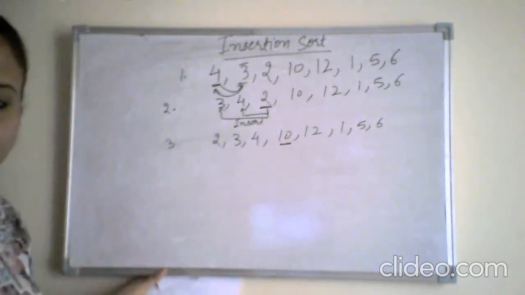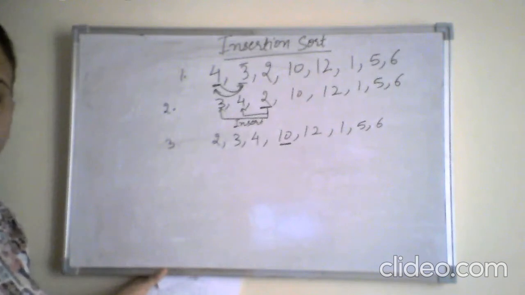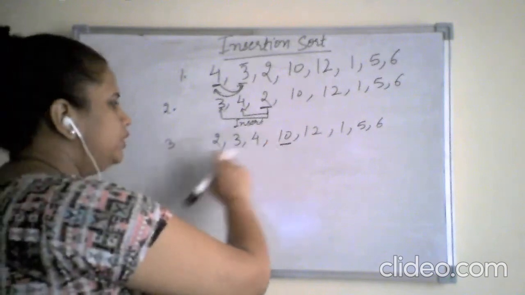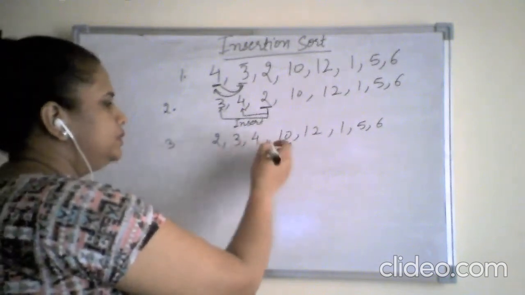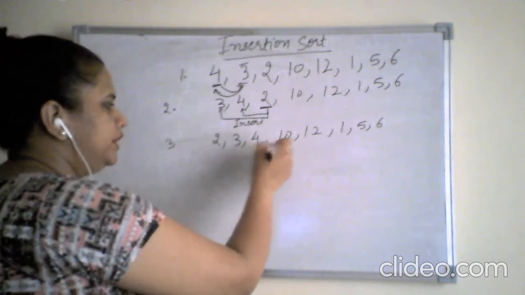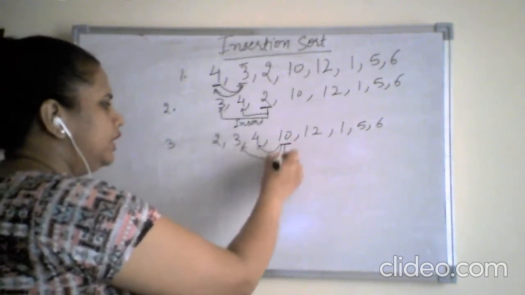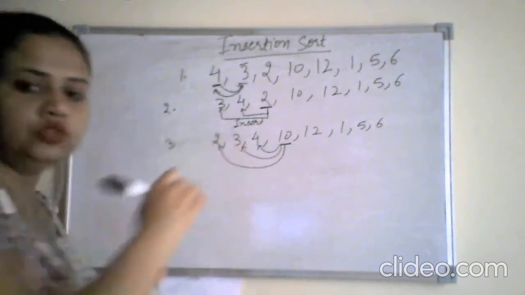When I go to the fourth location, the number is 10. I will compare 10 with all the other data elements present. I will compare 10 with 4, with 3, and with 2 also.